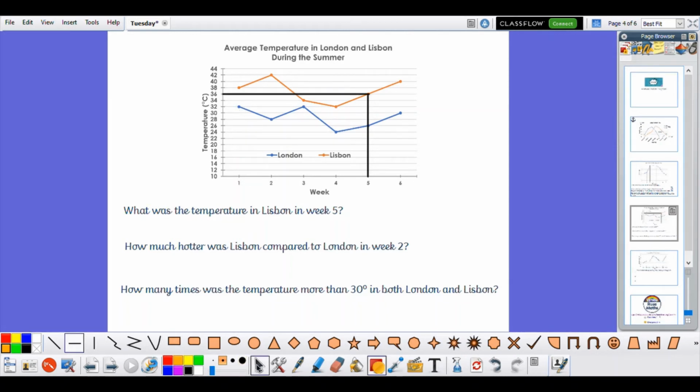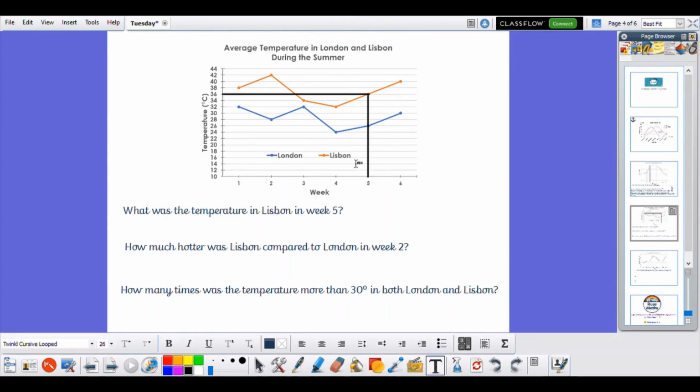So I can see that in week 5 in Lisbon, it was 36 degrees Celsius, okay? You would just draw a dot or a small circle, but I can't do that on my keyboard, so I've just used a star, okay?